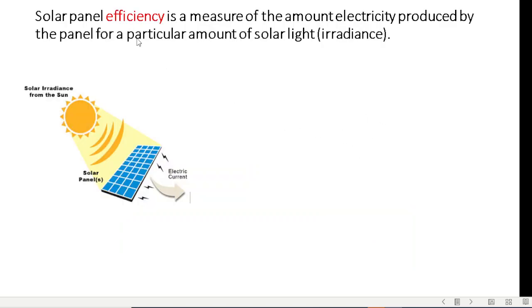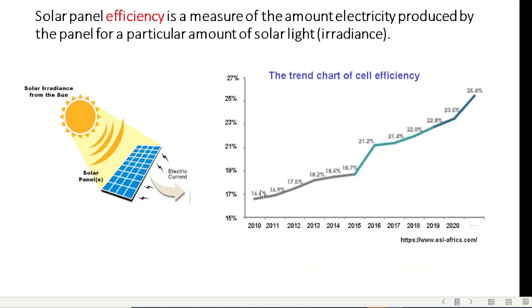Now, a little bit about efficiency. What is solar efficiency? Efficiency means the amount of electricity produced by the panel. So if sunlight is falling on a panel, how much electric current this solar panel produces gives its efficiency. If you see the trend chart of efficiency from the early days, where it was 16.6 or even less, it is gradually increasing as the technology progresses.